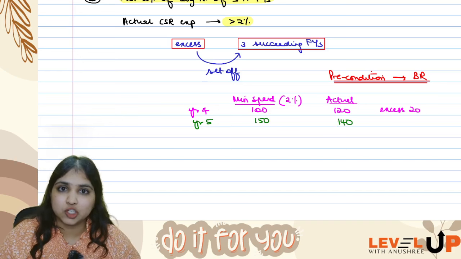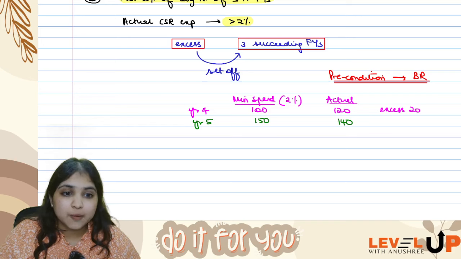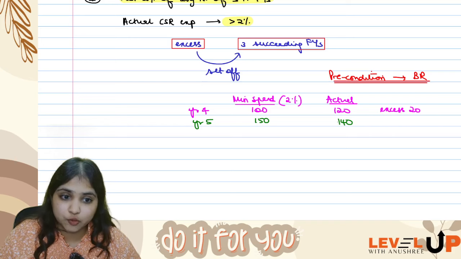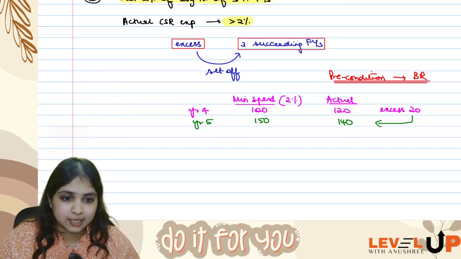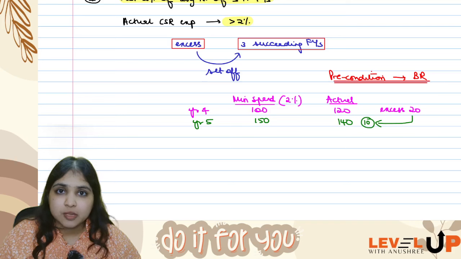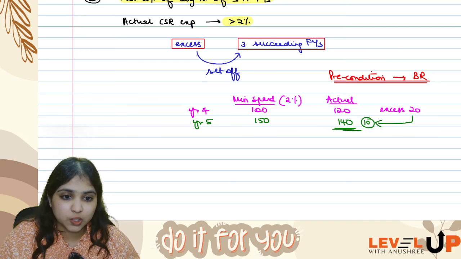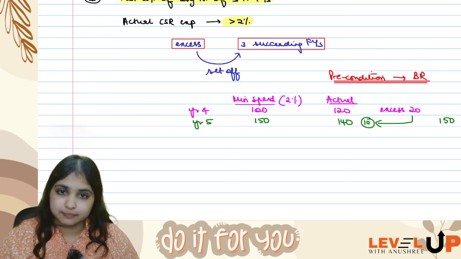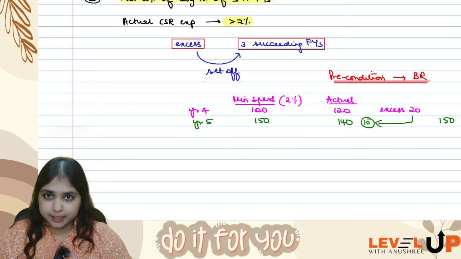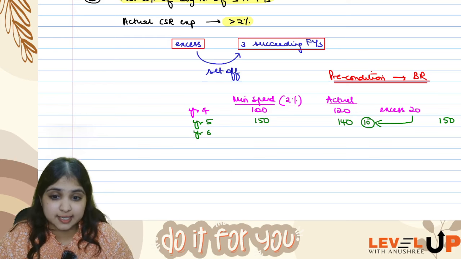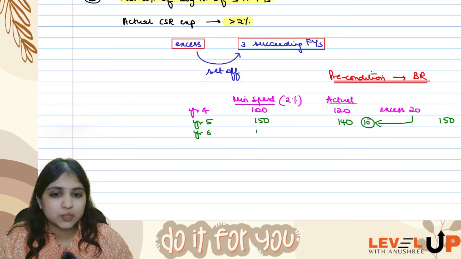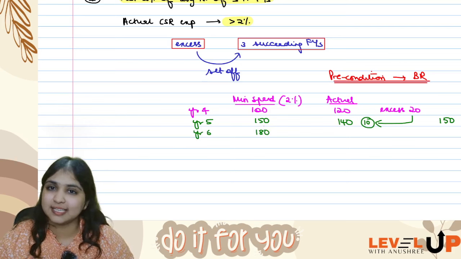Will the company be punished? No. Why not? Because the company already has an excess of 20, guys. Out of this excess of 20, 10 will be adjusted. So it is as if the company has spent 140 plus 10, the company has spent 150. So there will be no implications on the company. In year 6, let us say, the minimum requirement which the company should have spent on CSR is 180.